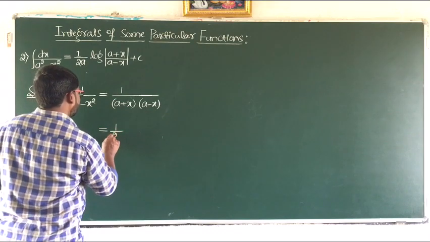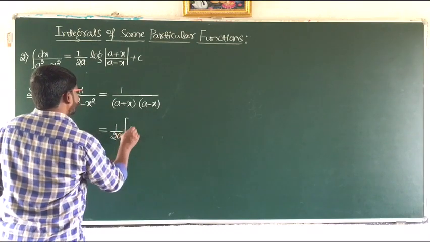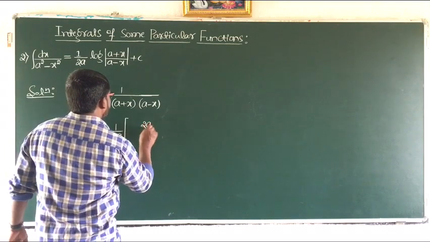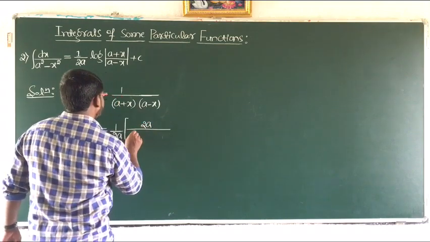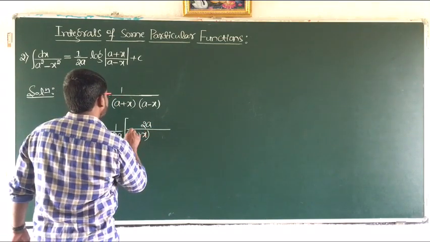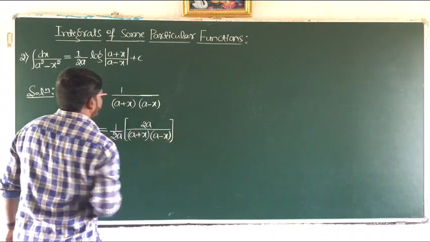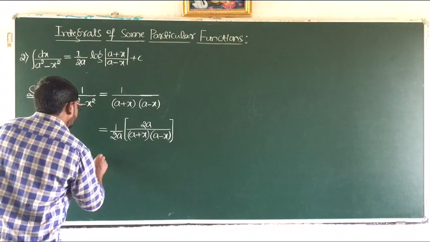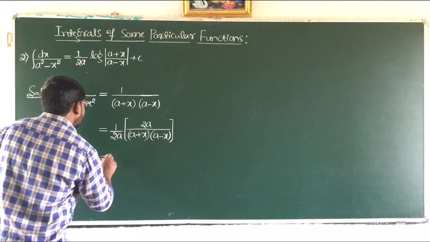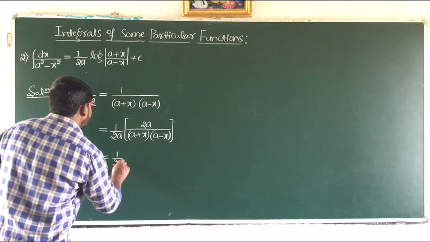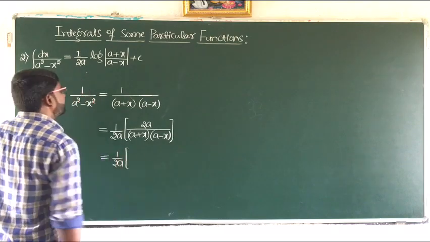1 by 2a in the numerator, it is 2a divided by a plus x into a minus x. So now in the next step, 2a can be written as a plus a. At the same time, we have to add and subtract x.